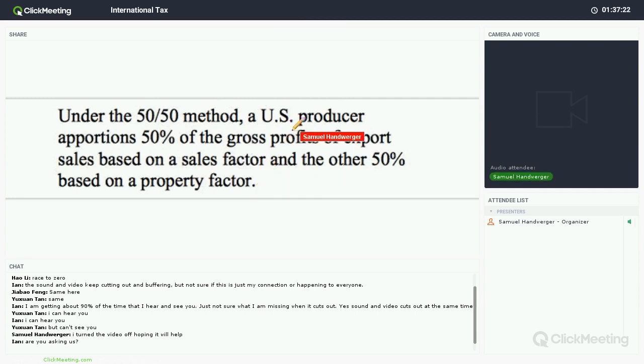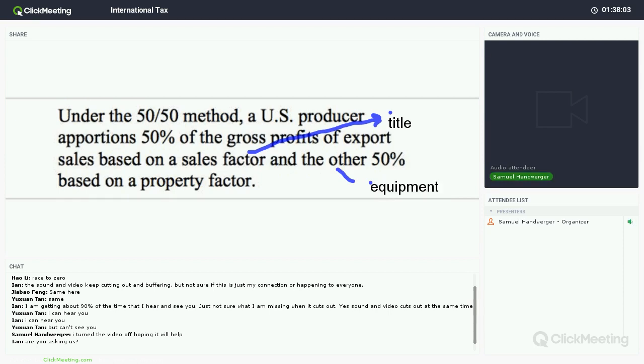So 50% of the gross profits of the export sales is going to be based on the sales factor, meaning where did the title pass. So that would be title. Whereas the other 50% is going to be based on where's the manufacturing equipment. The property.